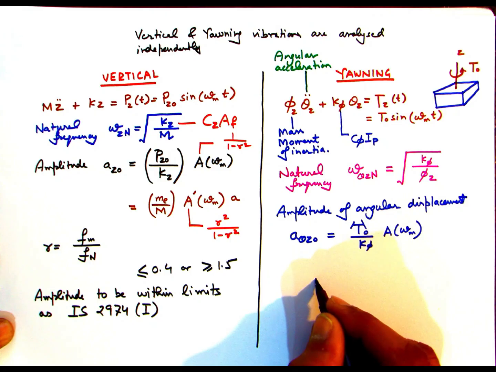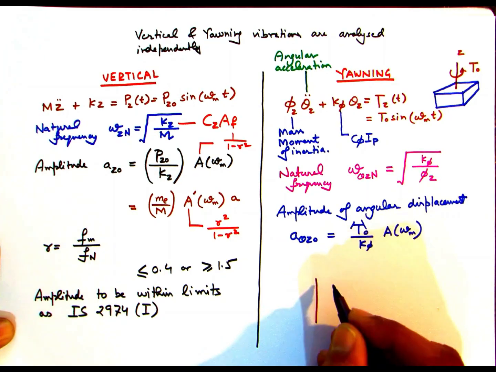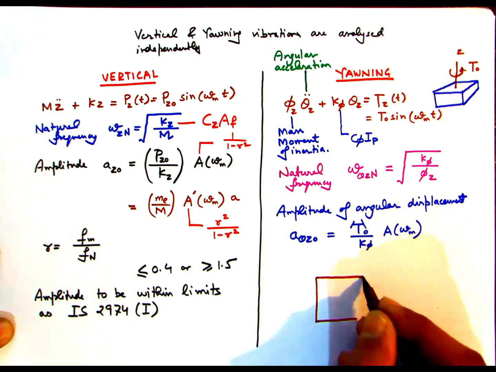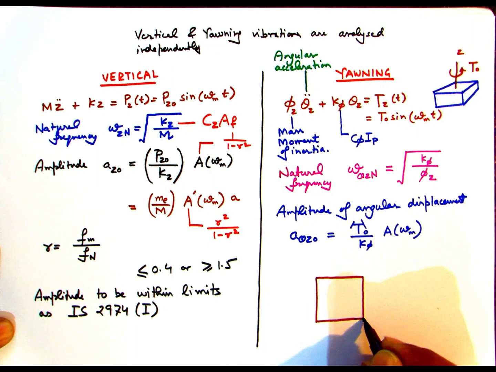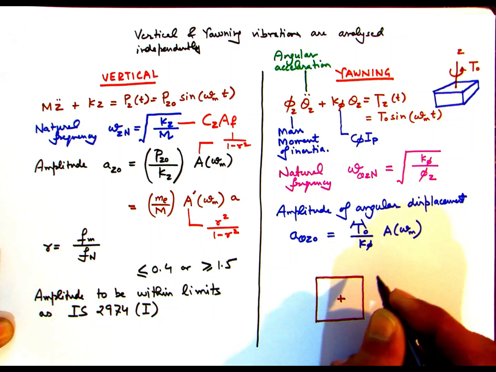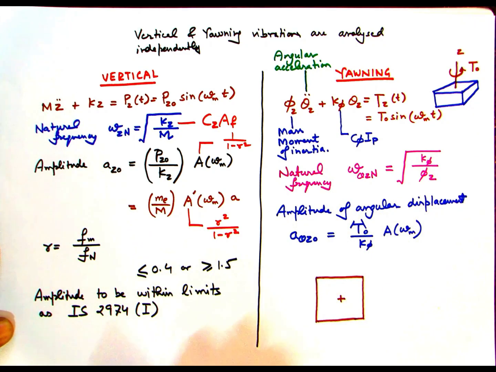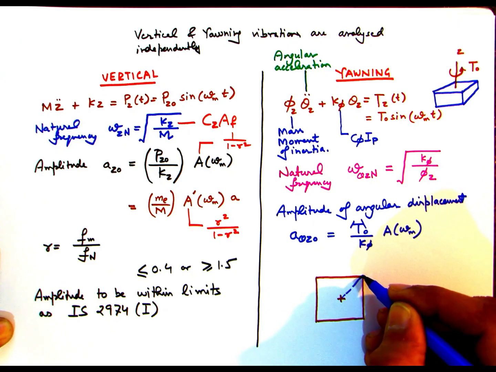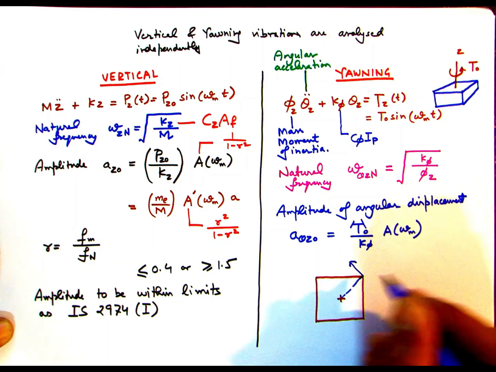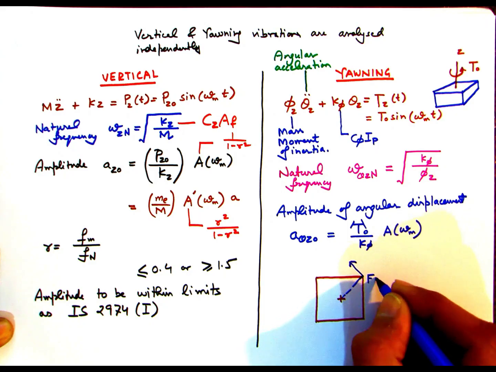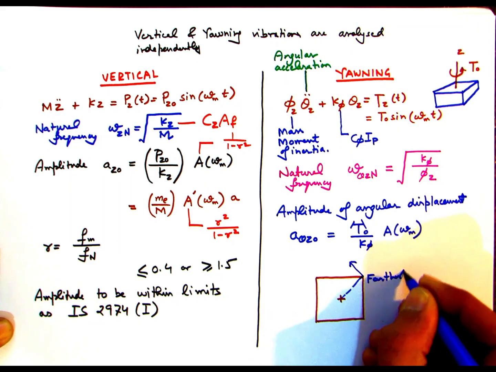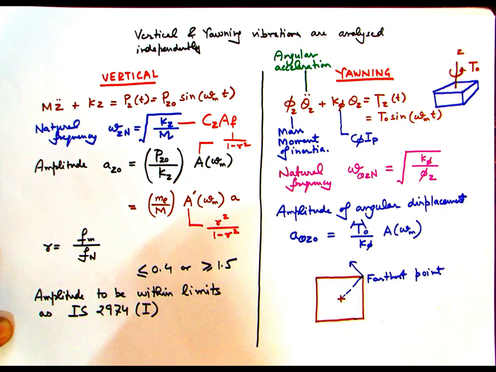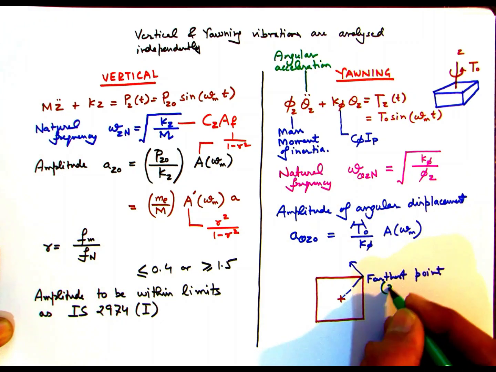So now we have to convert the angular amplitude into the displacement amplitude. We are just drawing the foundation block in plan for easy visualization. Let's say we are showing here the center of rotation, and if we join the center of rotation to one corner, then here the direction of the motion of the farthest point in the horizontal plane is shown.